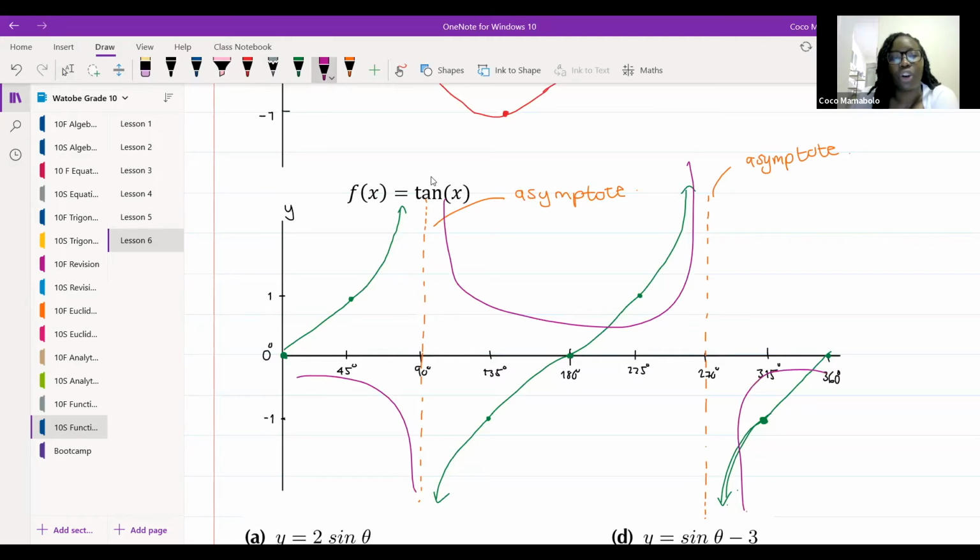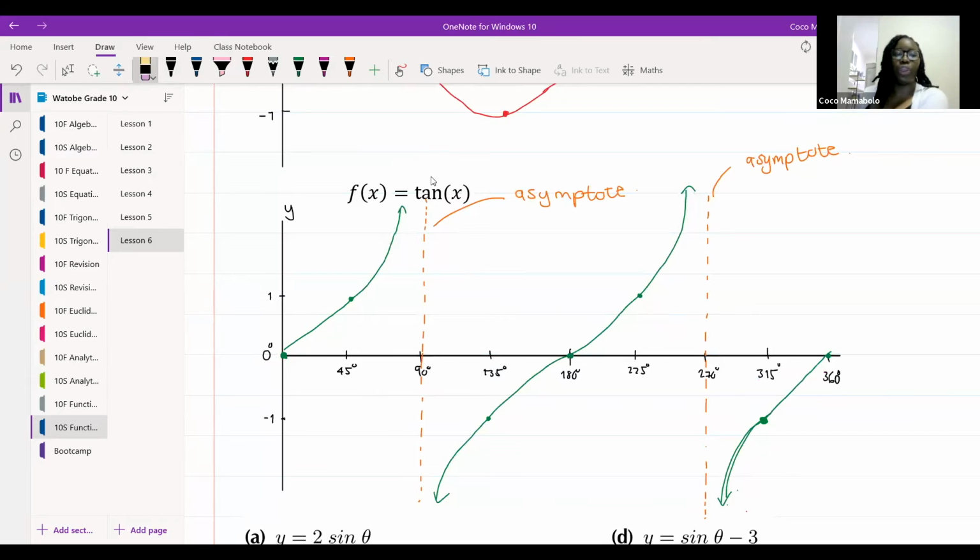That's what cot of x is. We don't touch it in high school at all. So we don't do them in high school. Okay, so don't stress. All right.